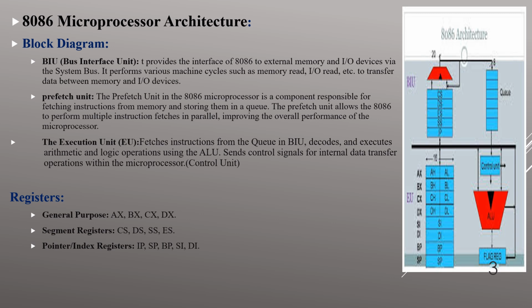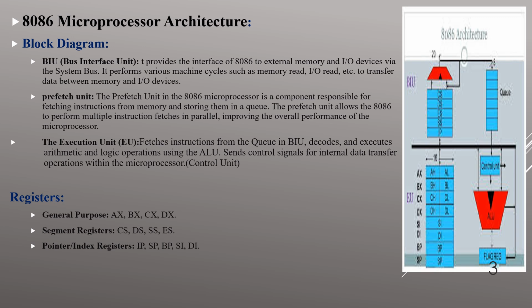The 8086 microprocessor features several types of registers. One is the general purpose registers, that is AX, BX, CX, and DX. AX means accumulator, BX means base, CX means count, and DX means data. Next one is the segment registers. In segment registers, there are four types: CS, DS, SS, and ES.